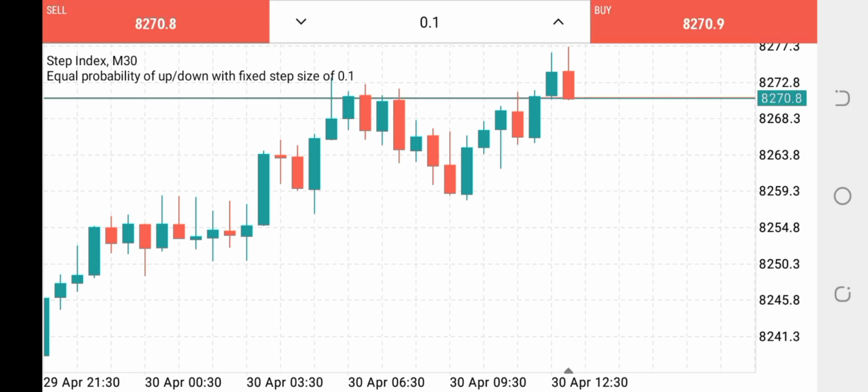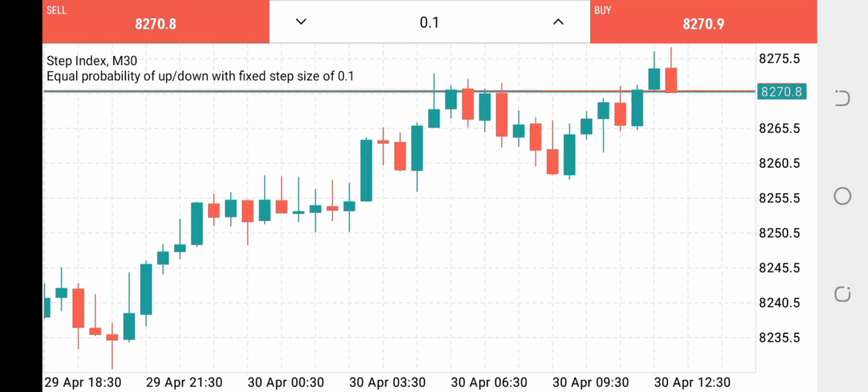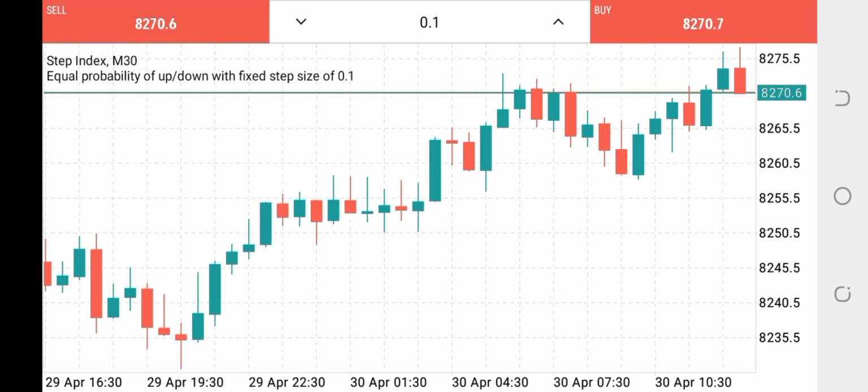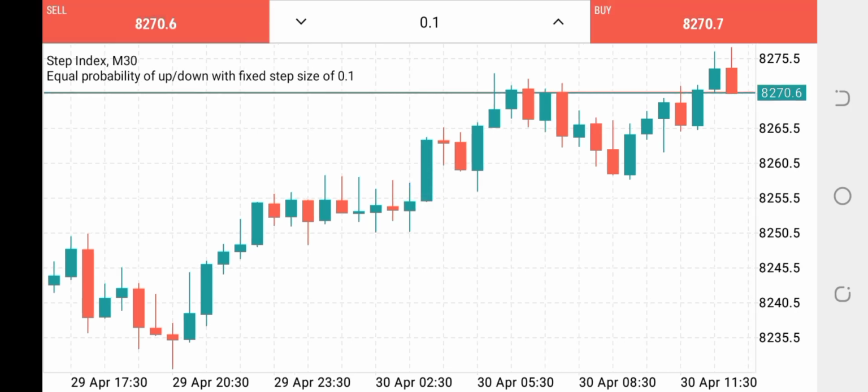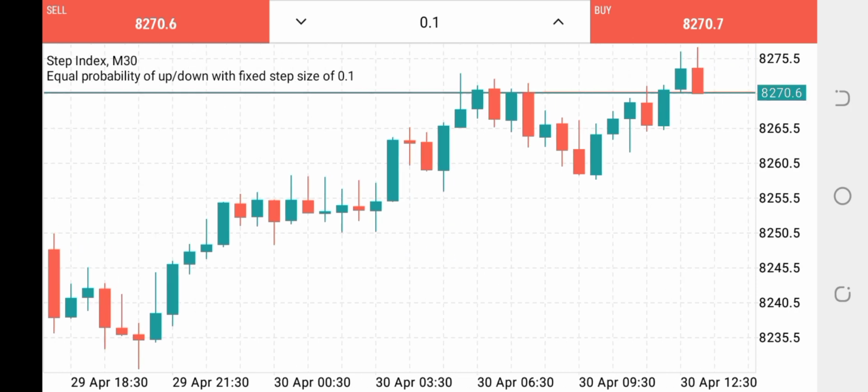Why are they called candlesticks? It's because of the shape, how they look like candlesticks. They comprise a body over here and a tail. The tail is this small thing that you can see which is attached to the body.